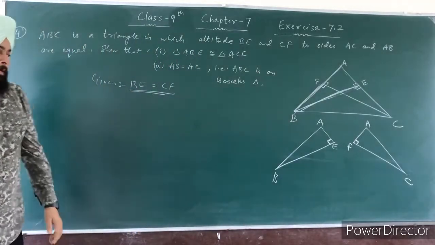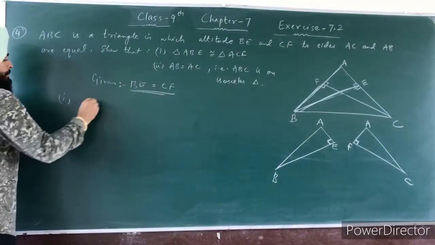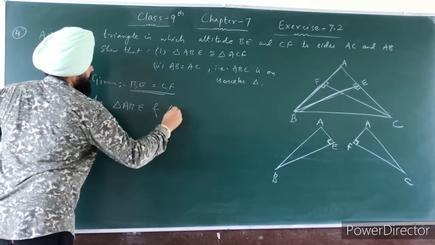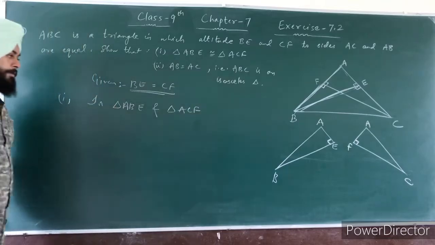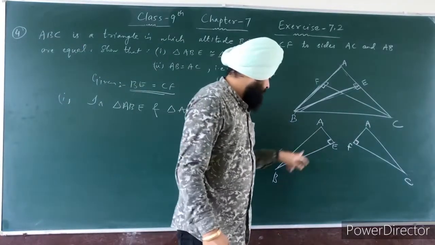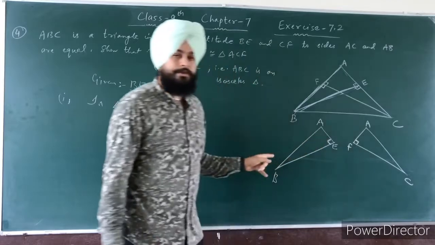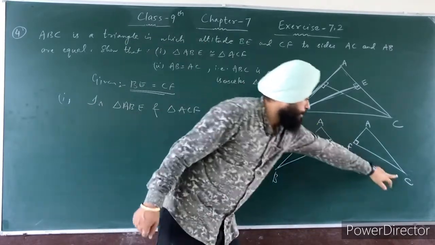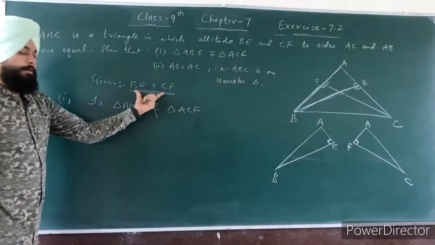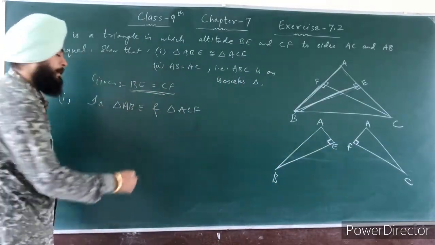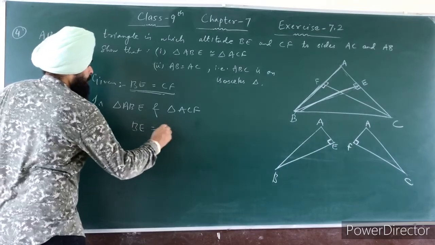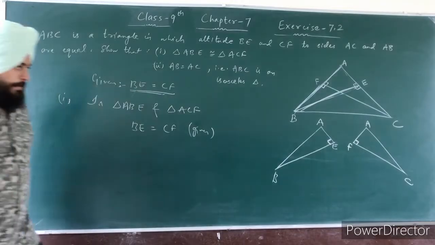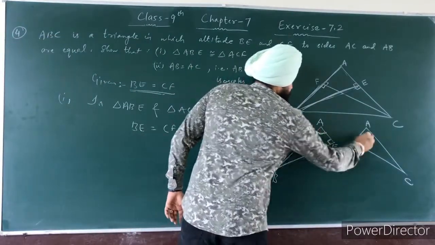ठीक है? So you can write first part in triangle ABE and triangle ACF. So in triangle ABE and ACF, which is the first part? The first part is you can write here BE equal to CF, given in the question. Second one is you can see here angle A is common.